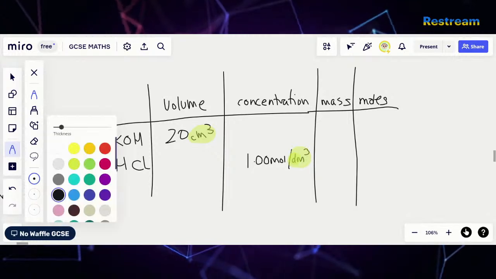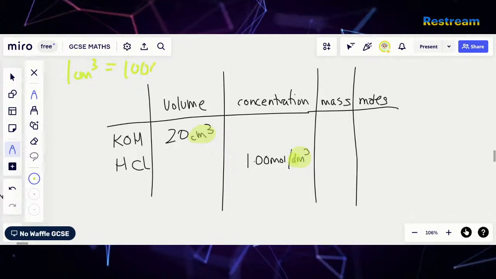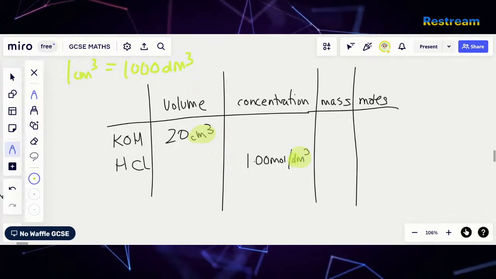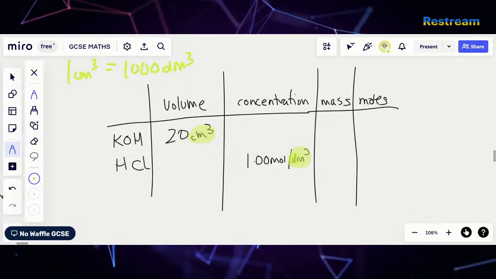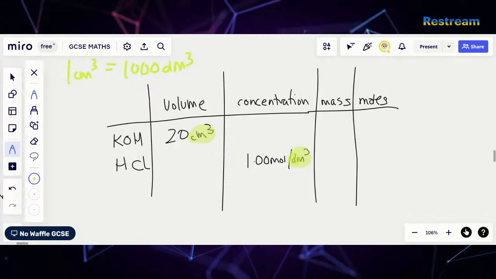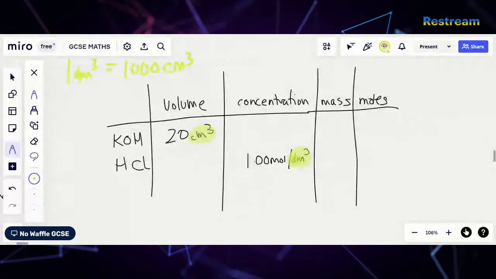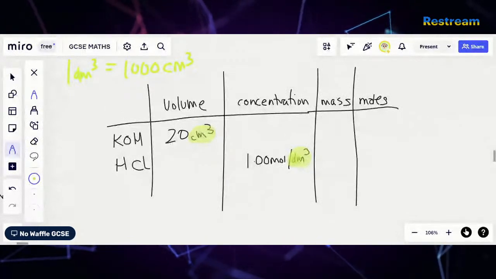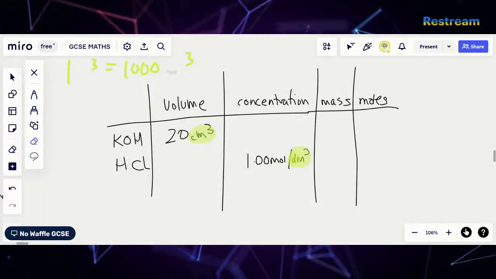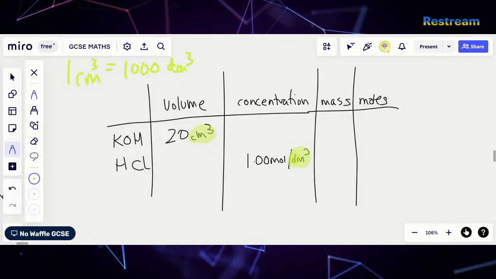I can give you the conversion at the top here: 1 decimeter cubed is equal to 1,000 centimeters cubed.